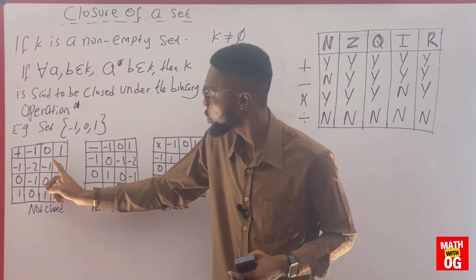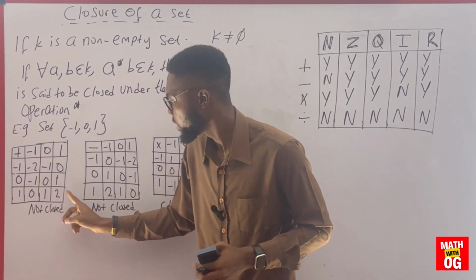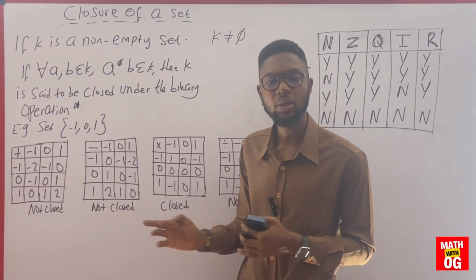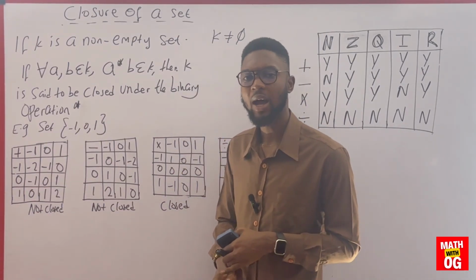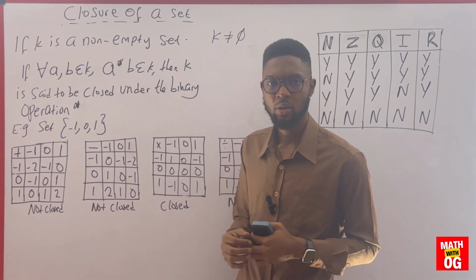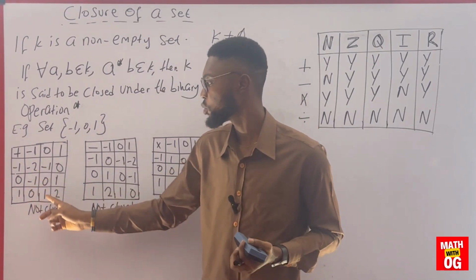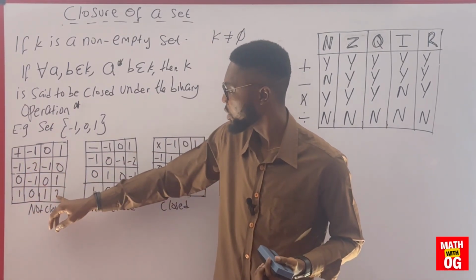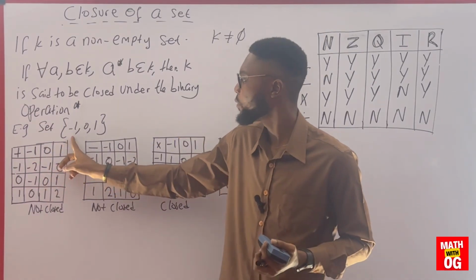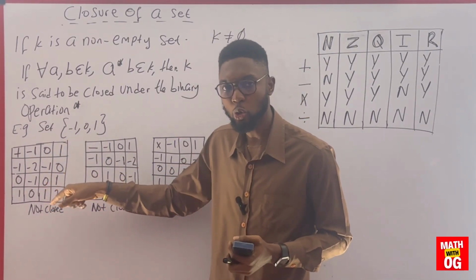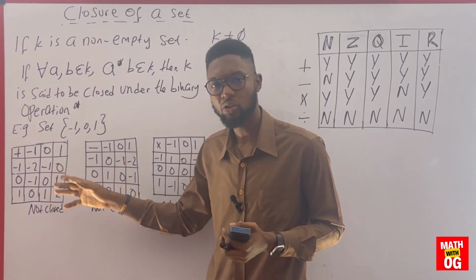You can see that from this particular set under addition, we are having at least one element that is not a member of the set. So what are the elements? -2 and 2. Because we are having a -2 and a 2 and they are not members of the original set, I can say that this set is not closed under the operation of addition.